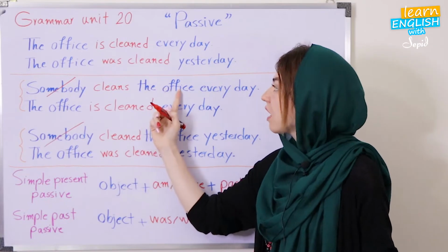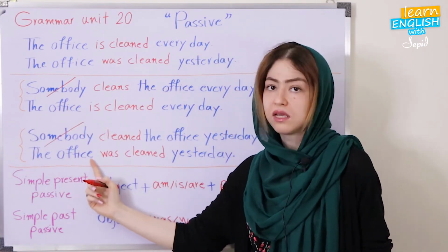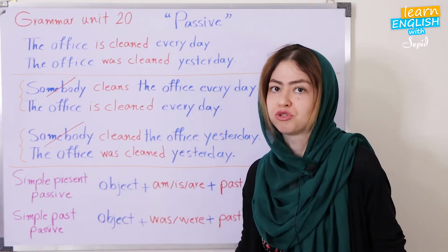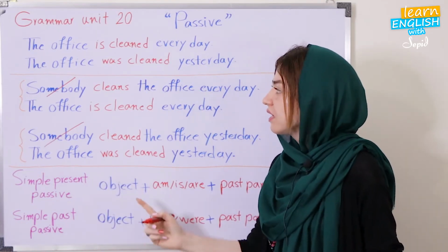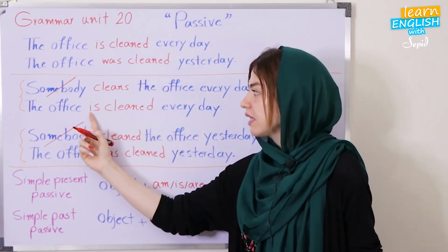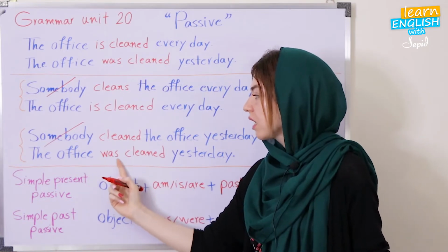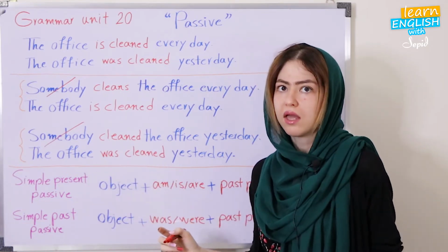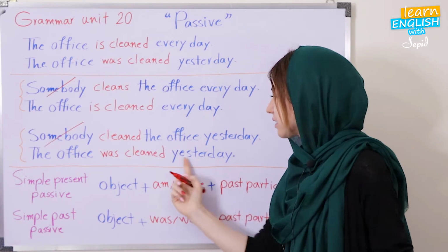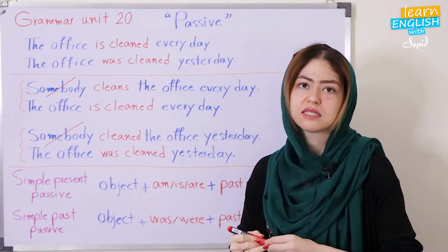So the office comes at the first part of the sentence. Do you see that? In both of them, this is true. However, the verb changes. In simple present tense, is cleaned, and in simple past tense, was cleaned, because this is every day and this is yesterday. These are the changes that are happening to our sentences.